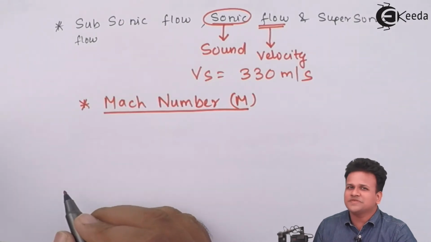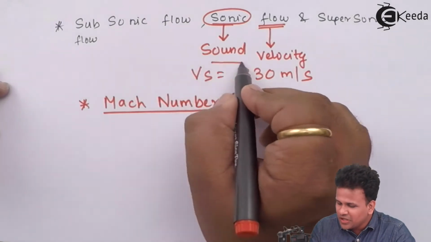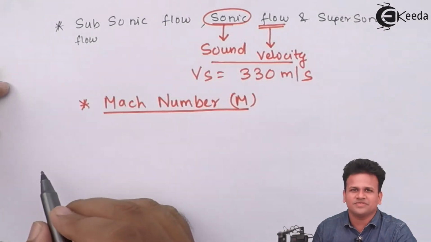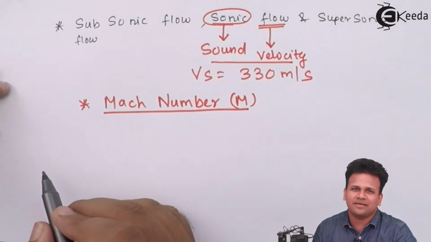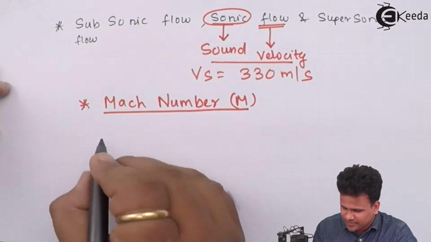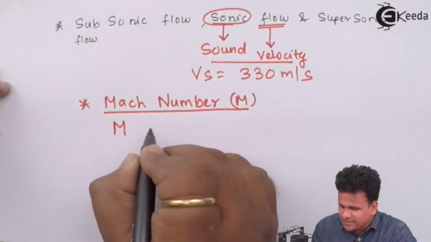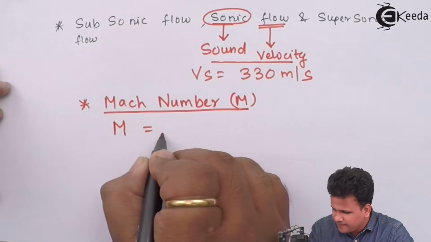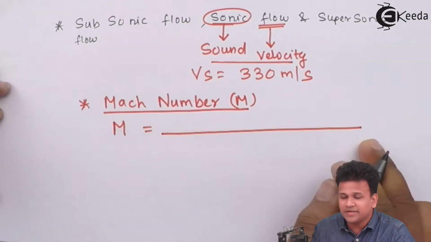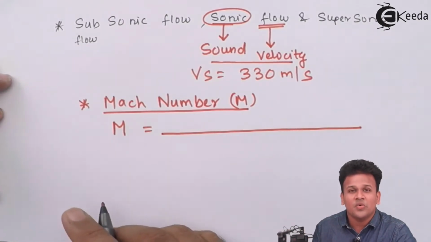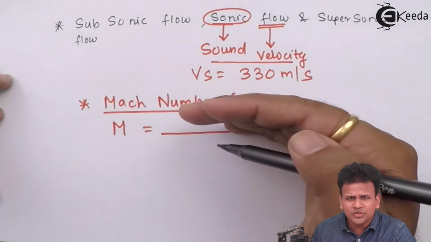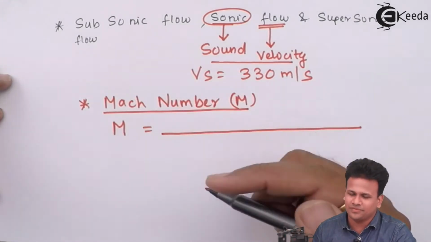One of those physical quantities you already know: the velocity of sound. So, how is Mach number defined? Mach number is the ratio of the velocity of the fluid to the velocity of sound.